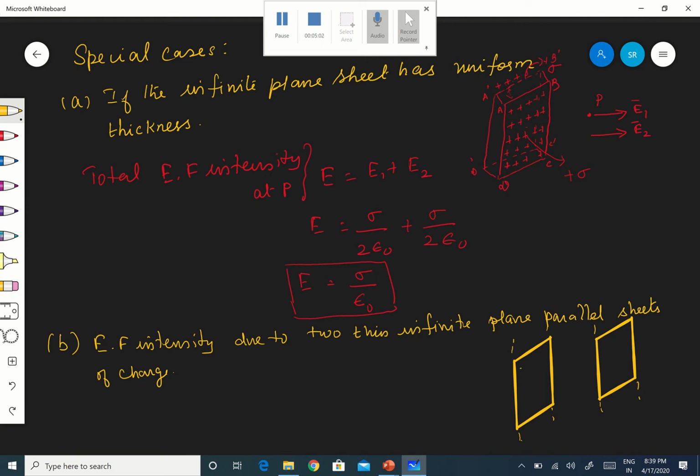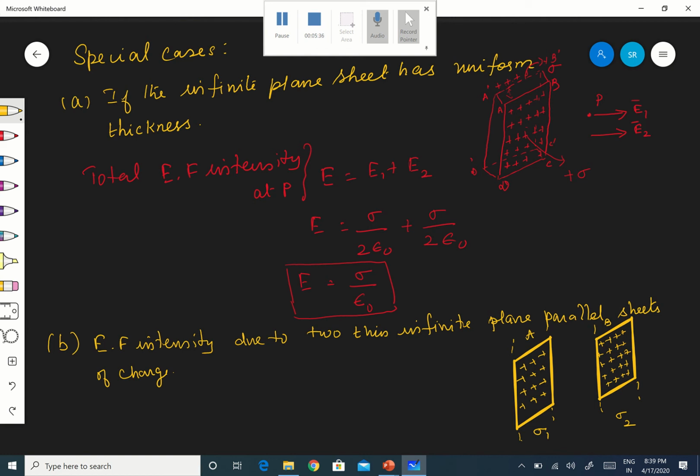And here the charges are uniformly distributed. Let the sheets be A and B. The surface charge density for this is sigma 1, and the surface charge density for the other sheet is sigma 2. Both are parallel.